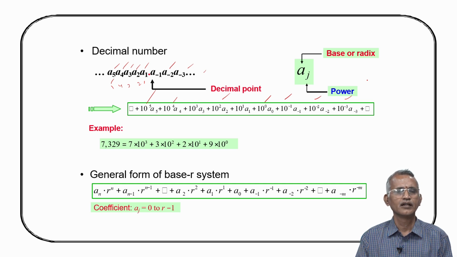This way we can write the polynomial expression of a given number, that is the integral part and the decimal part.